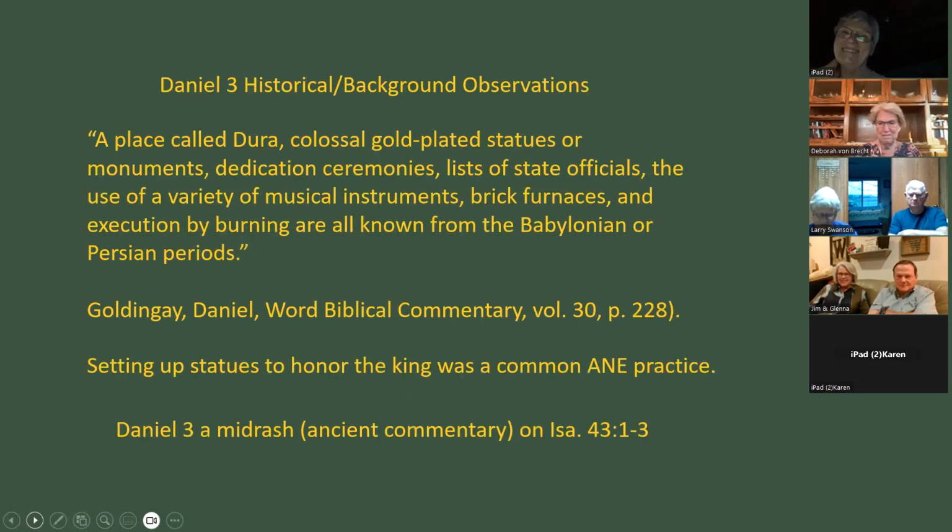All right, just a little bit of background now. I'm drawing on John Goldingay's work here, and he makes this historical generalization: a place called Dura, colossal gold-plated statues or monuments, dedication ceremonies, lists of state officials, the use of a variety of musical instruments, brick furnaces, and execution by burning are all known from the Babylonian or Persian periods.